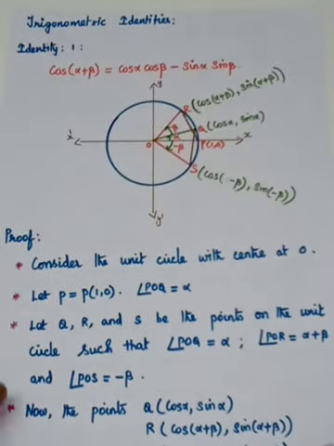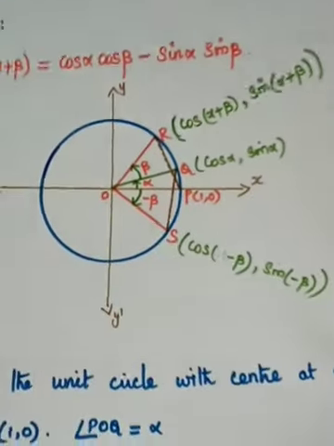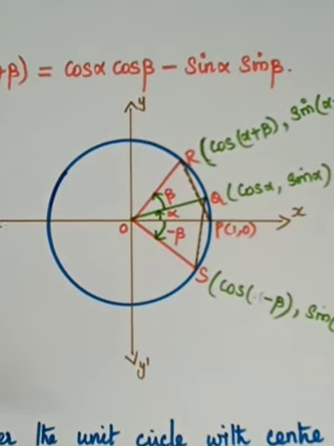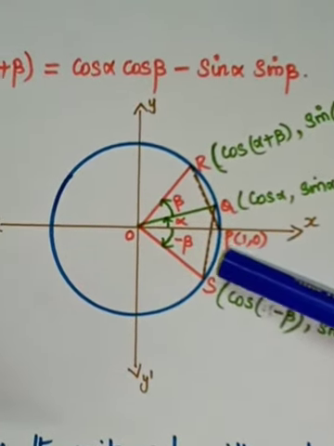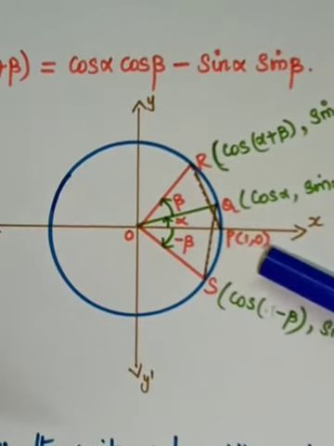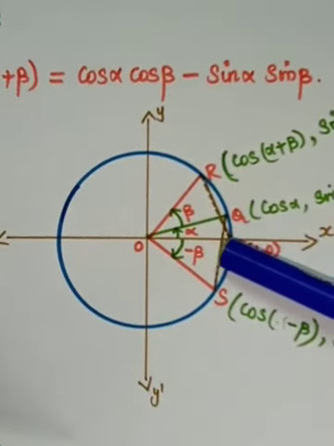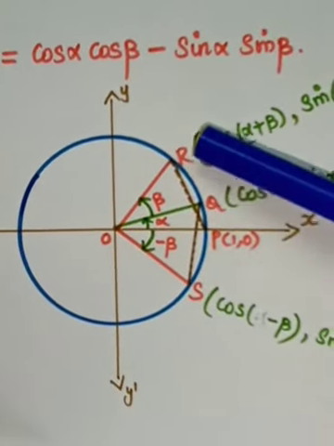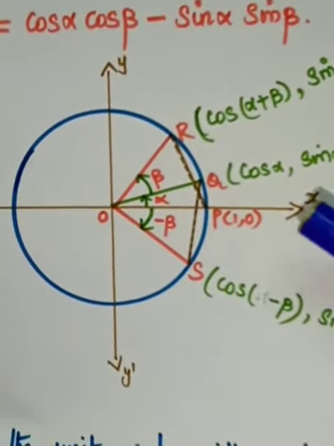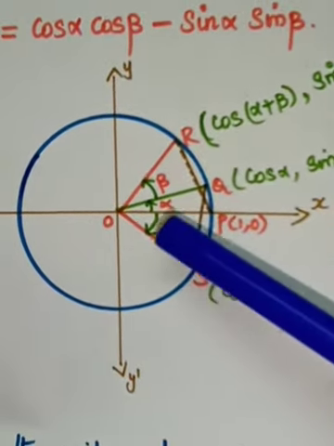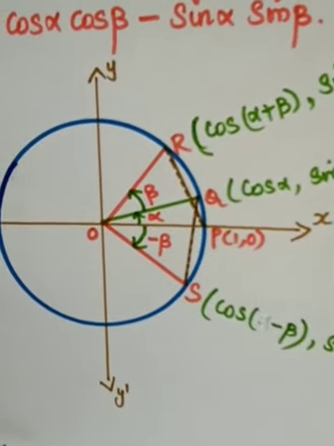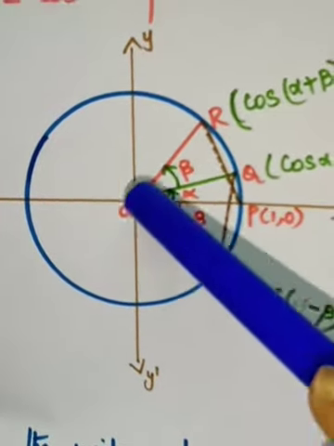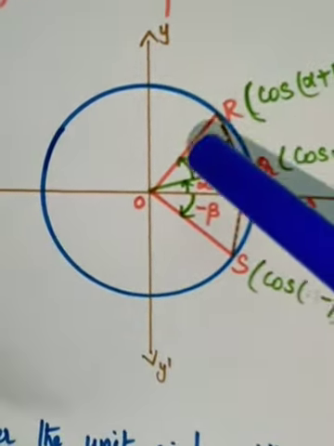See now, first we'll consider the unit circle, so the radius is 1. I'll consider the point P whose coordinate is 1, 0. So P is on the x-axis. And I'm going to consider three more points: Q, R, and S, in such a way that angle POQ is alpha, QOR is beta.